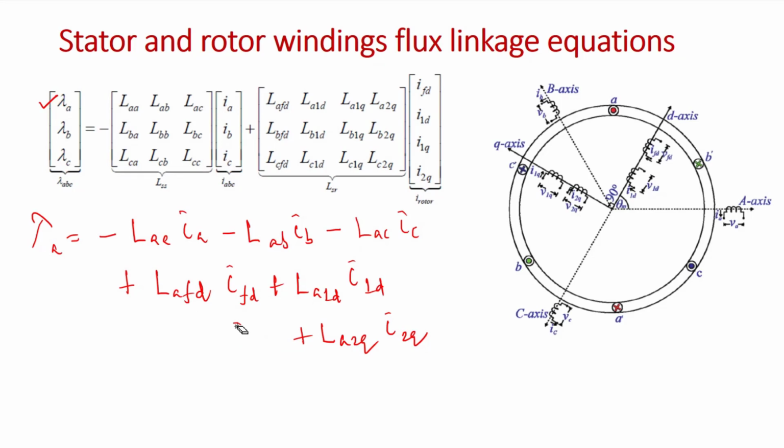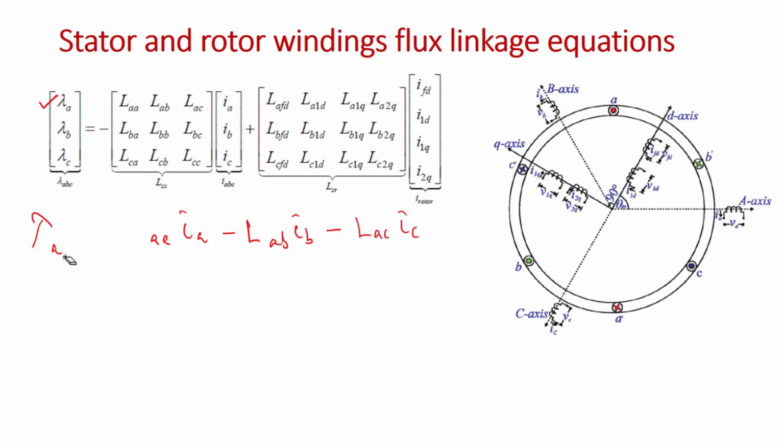Similarly, I can write the equation for lambda B, then lambda C, and all these three equations can be written in the matrix form. You can see here lambda A, lambda B, and lambda C, all three equations written in the matrix form.